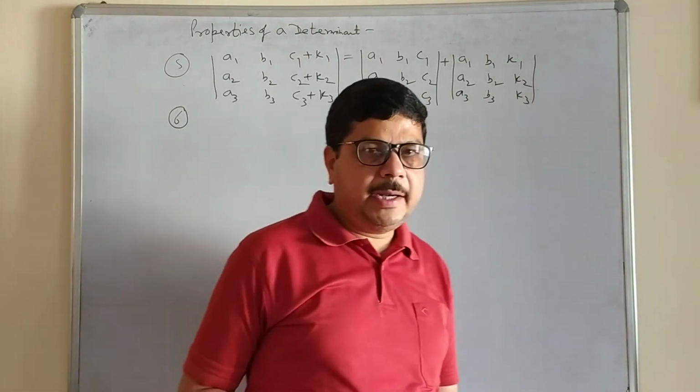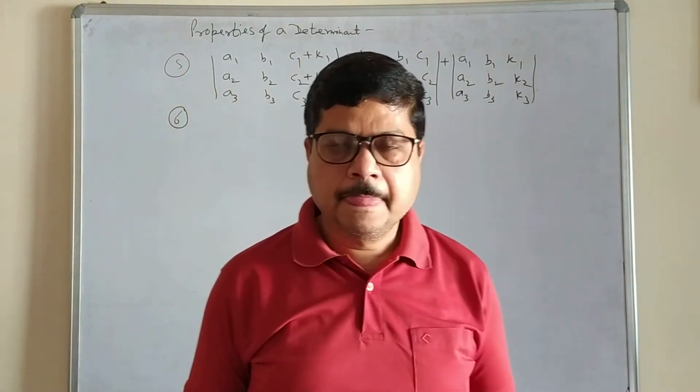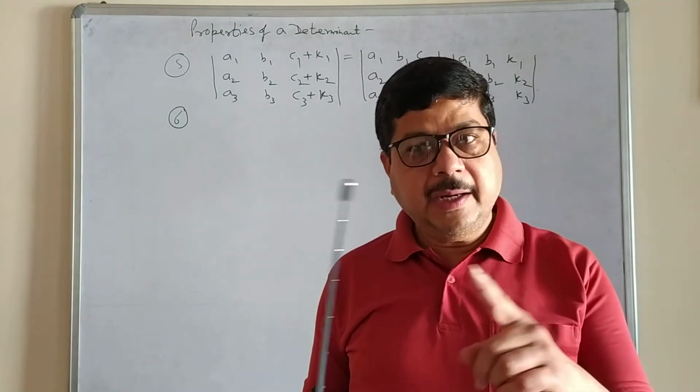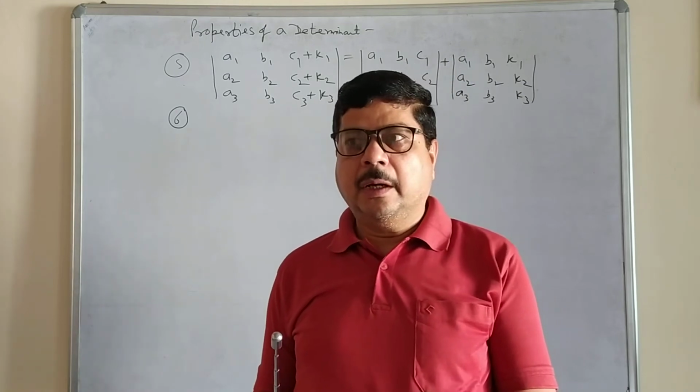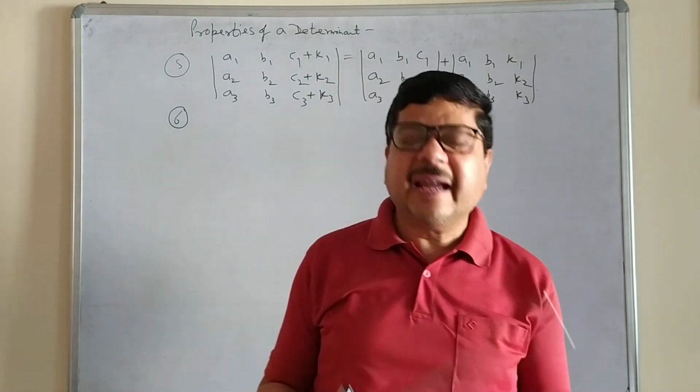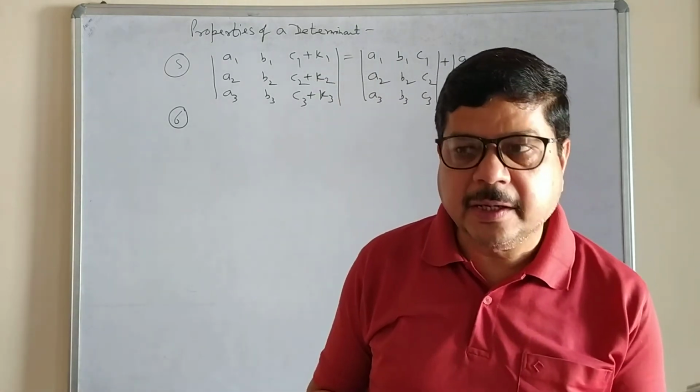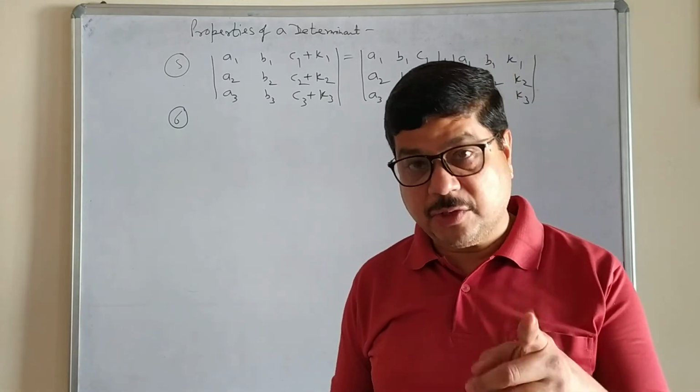To each element of any one row or column, elements of any other row or column in its multiples can be added or subtracted. The value of the determinant remains the same.